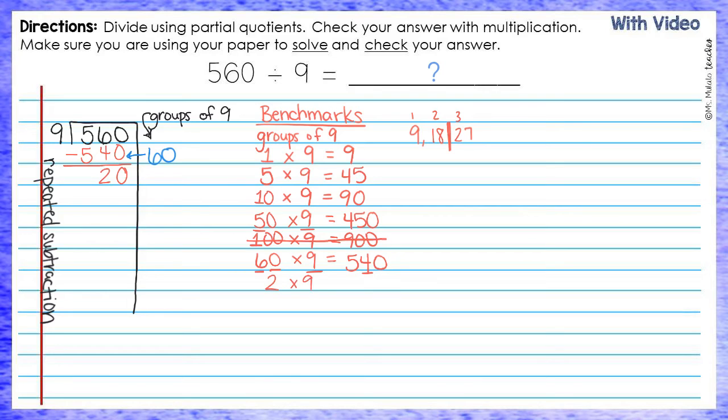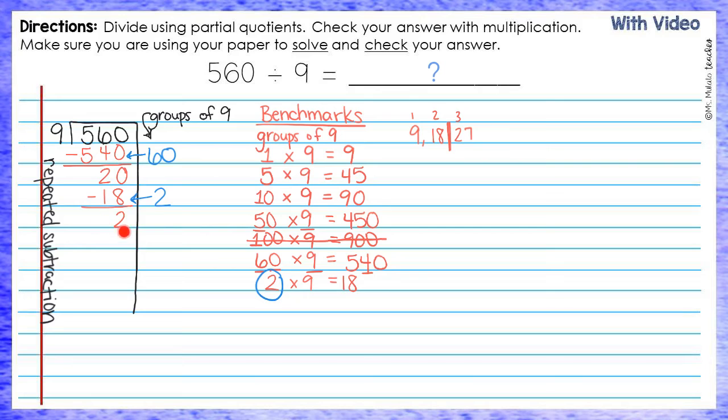2 times 9 is 18. We can take away 18 from 20. 20 minus 18 is 2. Before we move on, let's think. How many groups of 9 are in 18? There are 2 groups of 9 in 18.